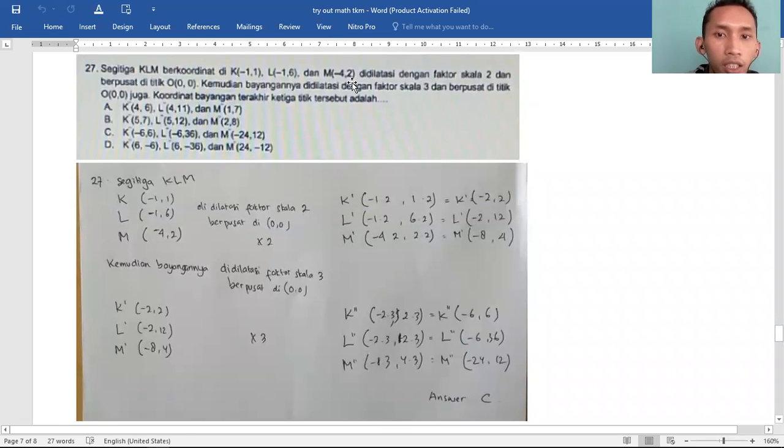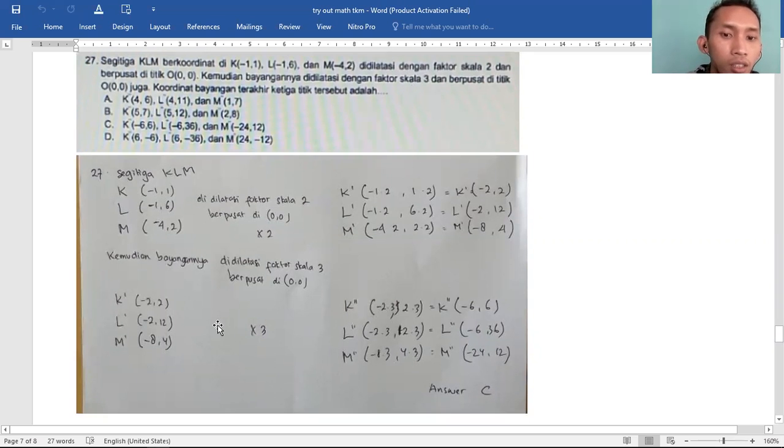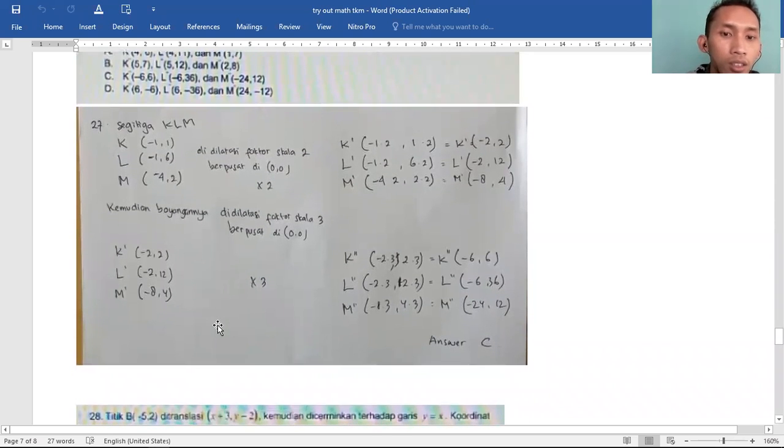Kemudian bayangannya dilatasi dengan faktor skala 3. So we expand it again with the factor scale 3. Dikalikan 3. All the parts from the previous point, we will multiply with 3.